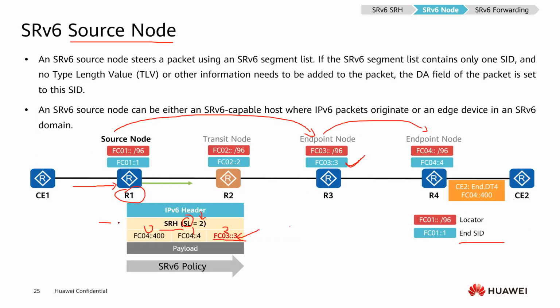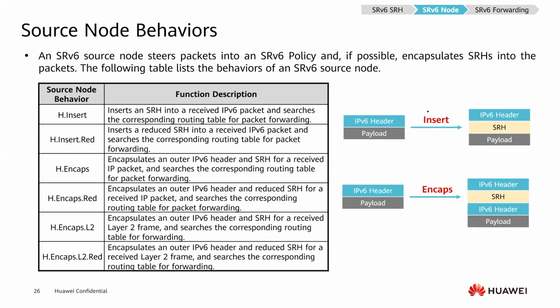So in the source node, when you add the SRH header, there are two ways. First, we call it insert. Another is called encaps. Insert means I will insert the SRH behind the original IPv6 header. Encaps means I will put a new IPv6 header and the SRH above the original packet.